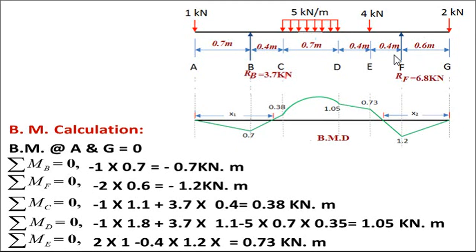So moment at E, taken the right of the section, that's why clockwise, clockwise moment negative and anti-clockwise positive. So at E there is a 2 into 1.